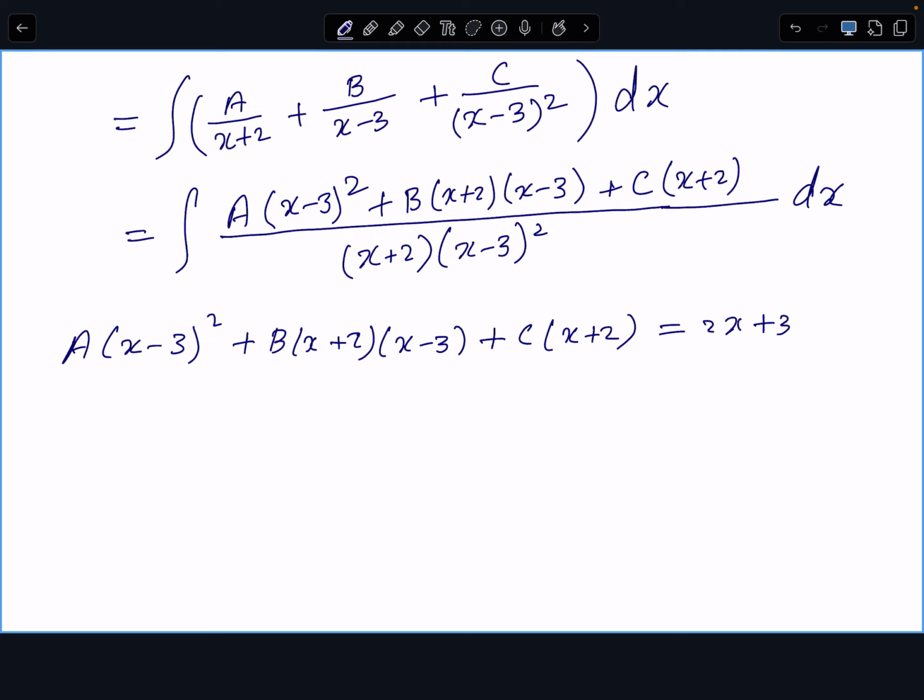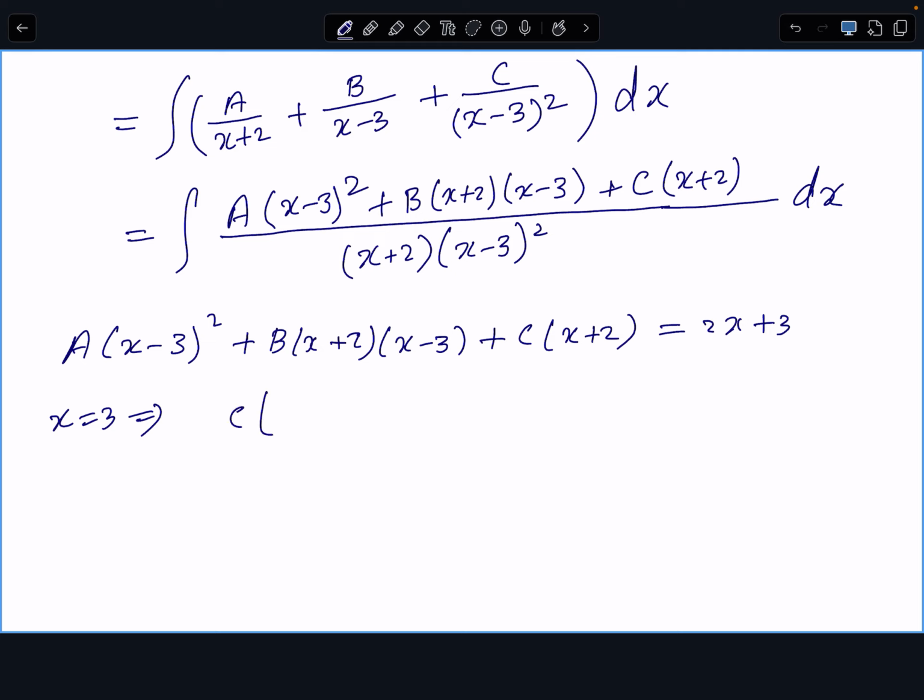And now let's say we have x minus 3. We want to cancel. So we're going to cancel these two. So x equals 3. This one is going to cancel this. 3 minus 3 is 0. And this one, 3 minus 3 is 0. So we're left with C.